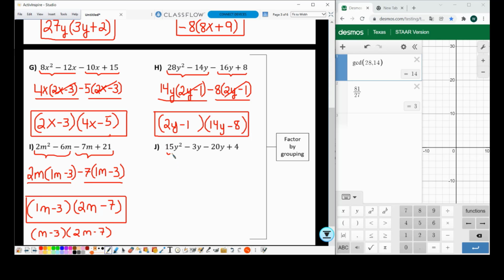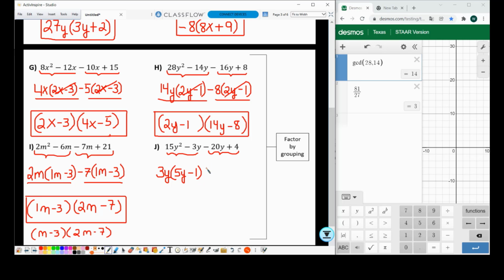So first thing I'm going to do is group the first two terms and the last two terms. Okay, what is the biggest number that goes into 15 and 3? The biggest number is 3. Can I factor out a y? Yes, I can. So now 15 divided by 3 is 5. Y squared divided by y is y. Negative 3 divided by negative 3 is negative 1.